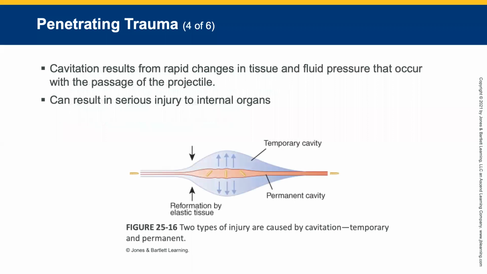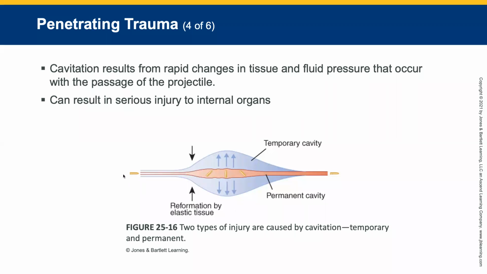So here's kind of a cool picture. I like this a lot. Cavitation results from rapid changes in tissue and fluid pressure that occur with the passage of the projectile. Temporary cavitation injury results from a stretching of the tissues that occurs with pressure change, and permanent cavitation injuries result closer to the bullet's path and remain after the projectile has passed through the tissue.